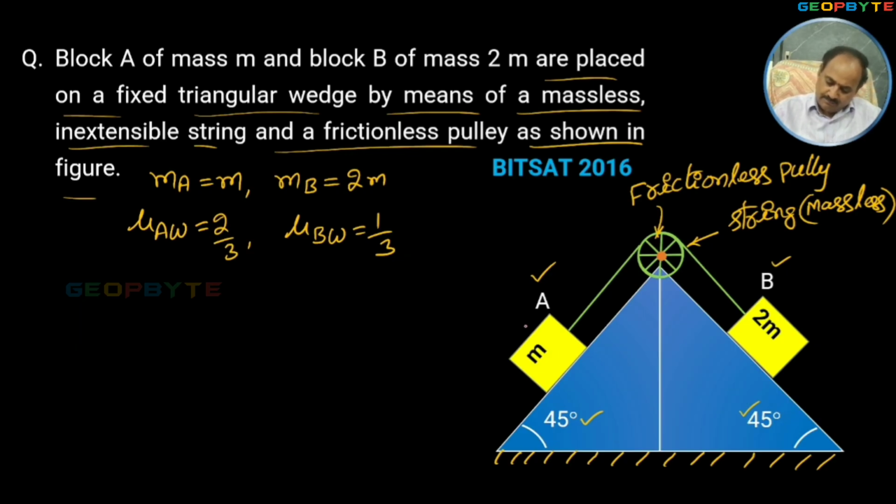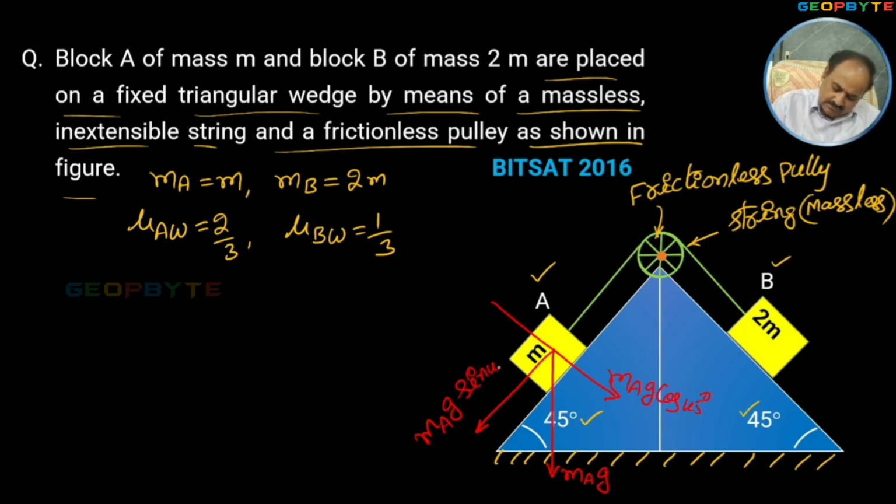Then look at block A first. With respect to block A, this is the normal reaction. This is the weight, M_A into g, developing two components of weight: M_A g cos 45 degrees and M_A g sin 45 degrees. The same way for block B, weight is acting.